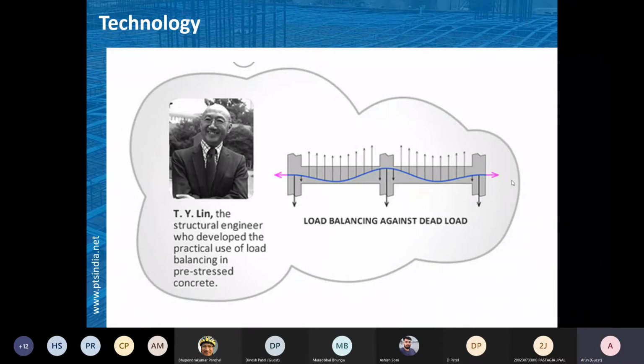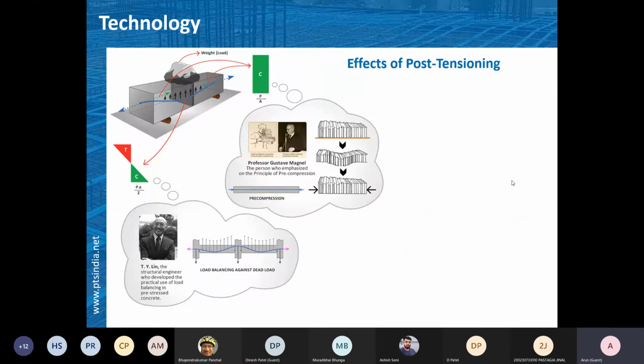So with this, we are working against gravity, and we can reduce the deflection in the beams and slabs with this concept. Both the pre-compression and load balancing concepts are being discussed here.